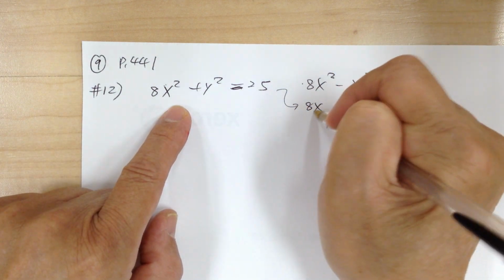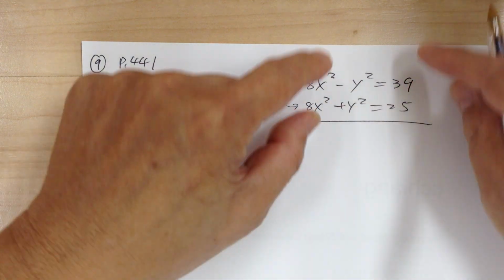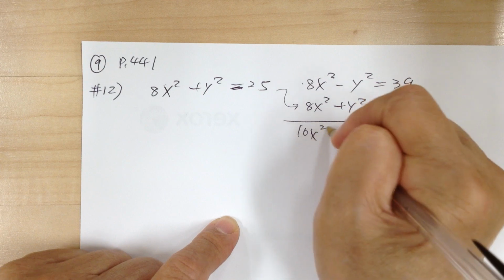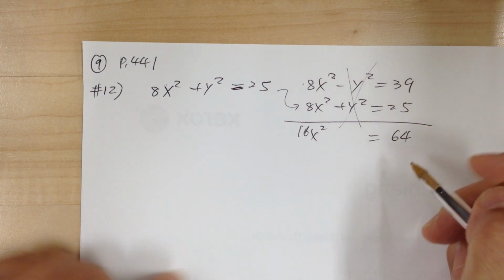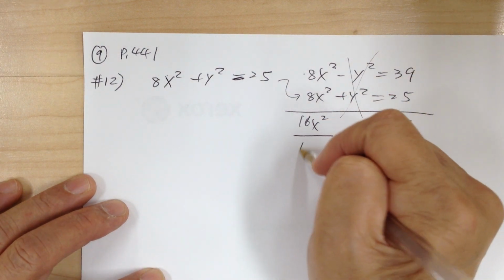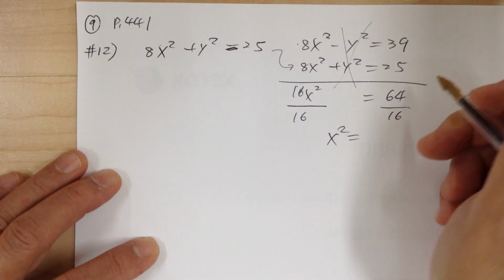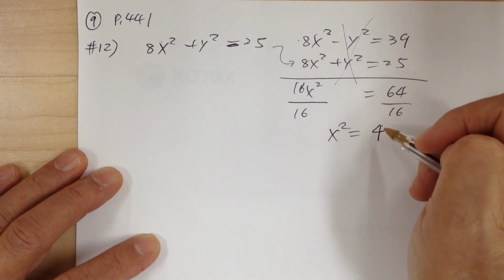So this will be 8x squared plus y squared equal to 25. Then you're going to add this together to eliminate that. When you add this together, you get 16x squared, and this will cancel out, and this will equal 64. Now to solve, you divide by 16 on both sides. So x squared equals 4.